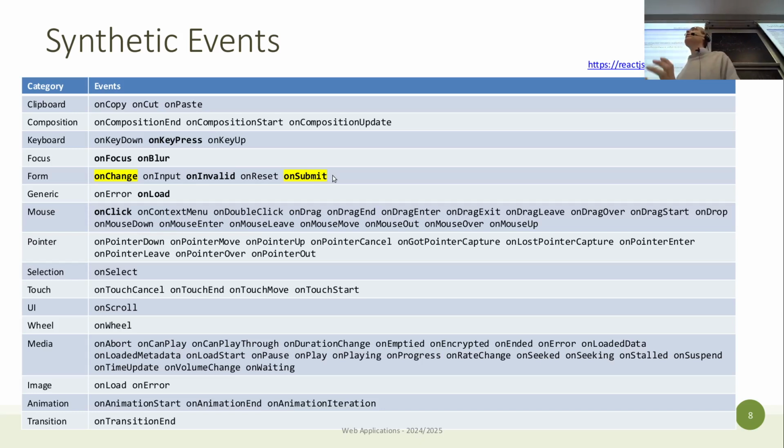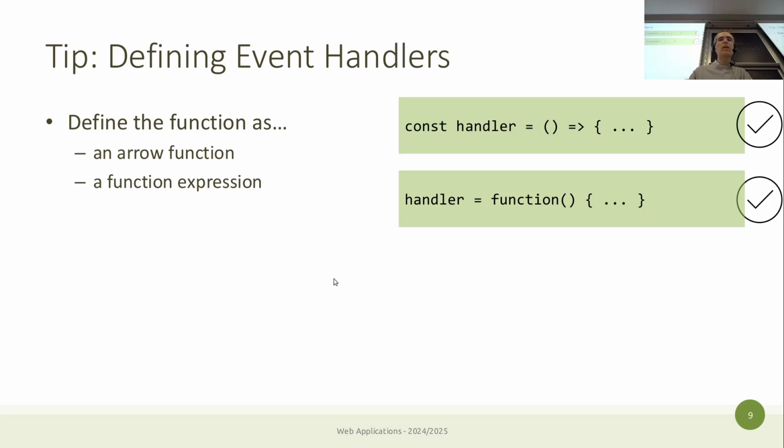Submission of the form is the way in which all applications work: send the information to a server and reload the page, which is something that we don't want. And we will see how to use it. And of course, it's not related to forms, but the onClick is also important. You have buttons and stuff like that. You want to be notified about the user clicking on certain elements in your user interface, typically buttons.